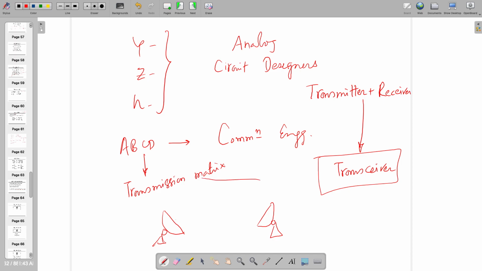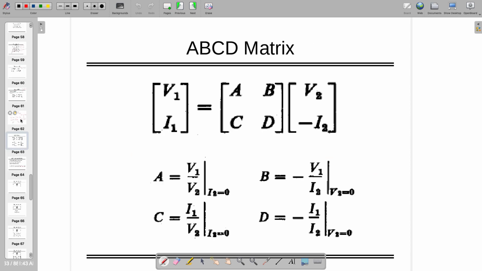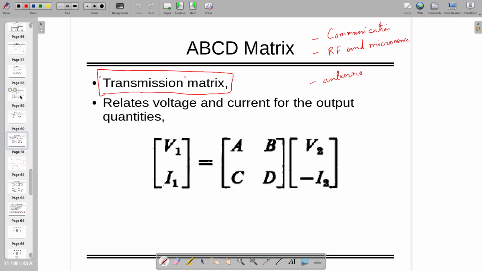So it can transmit as well as receive. So on both sides you want to know what is the input output characteristic, or what is the input impedance, output impedance, or what is the transfer function. When you are doing this, it follows this particular matrix.